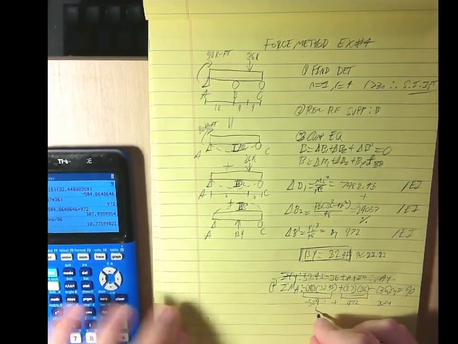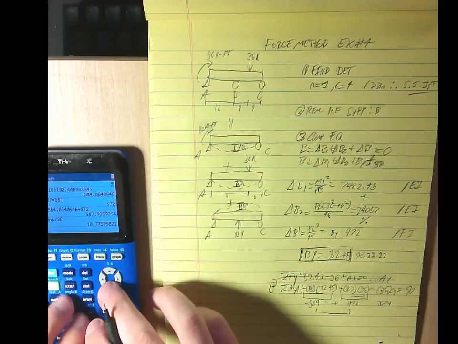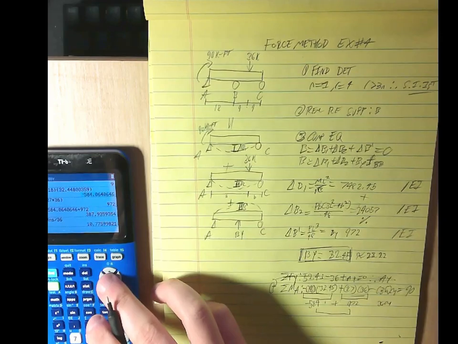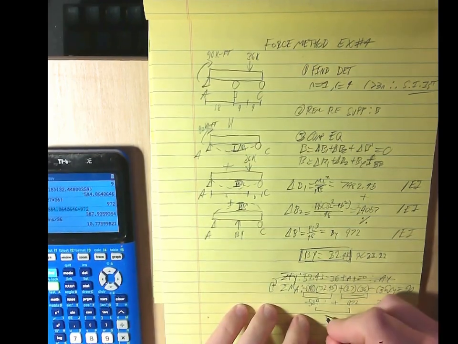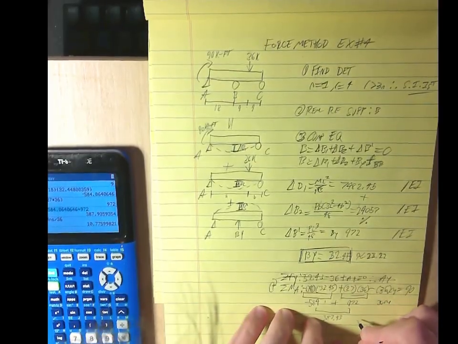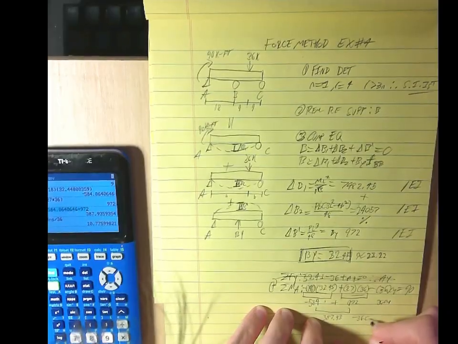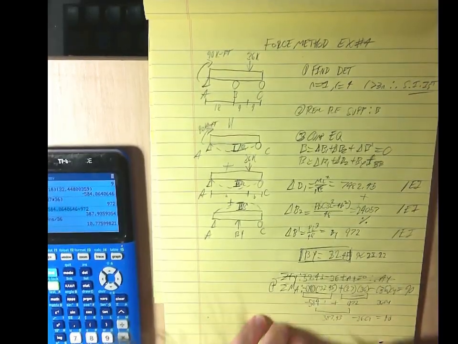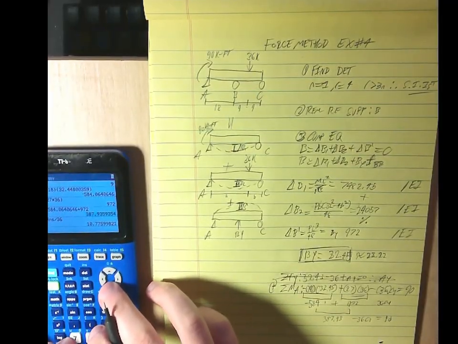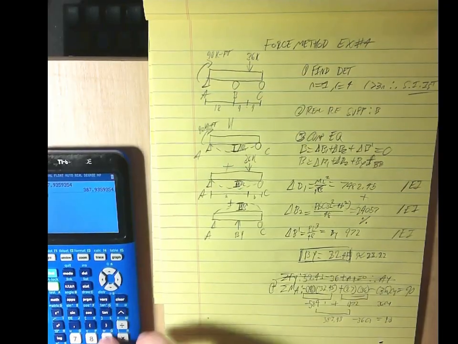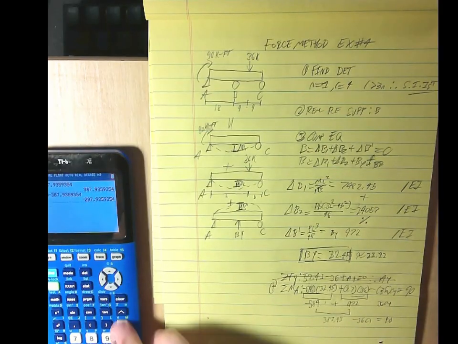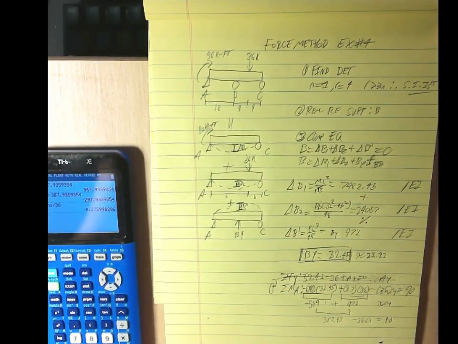Add these together. We're getting 387.93 minus 36 C_Y equals 90. I'm going to take this number, 90 minus this number, divide that by 36.